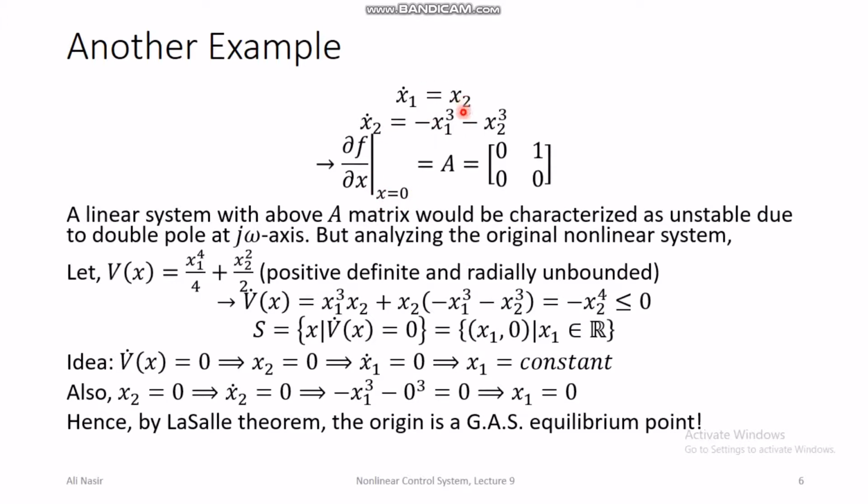This example is a prime advocate for this case, where the original nonlinear system has an equilibrium point that is globally asymptotically stable, provable using LaSalle theorem, while its linearization leads to an unstable linear system, which is completely opposite of what the original nonlinear system is.